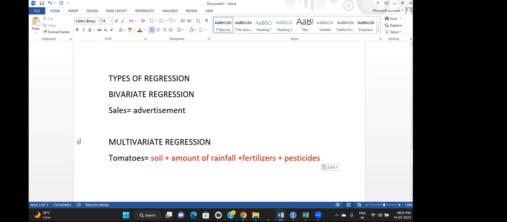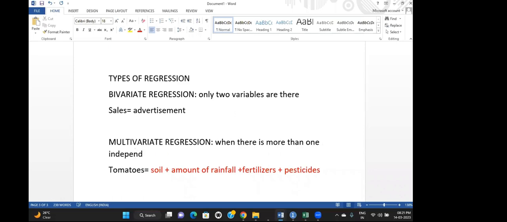So this is an example of a multivariate regression, and this is an example of a bivariate regression. Bivariate means only two variables are there, multivariate regression when there is more than one independent variable. Okay, so this is the difference between the two.